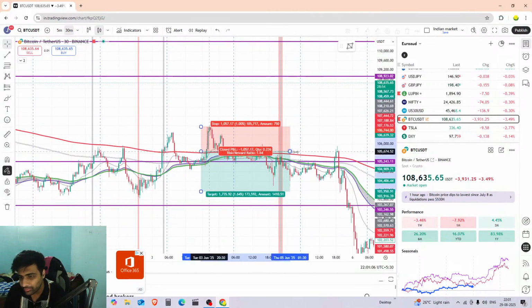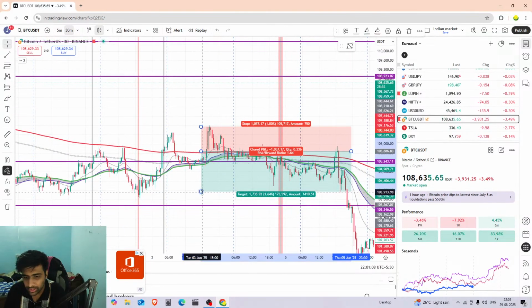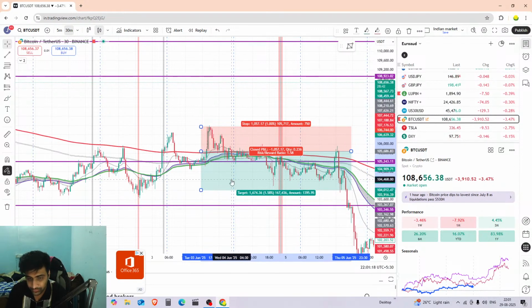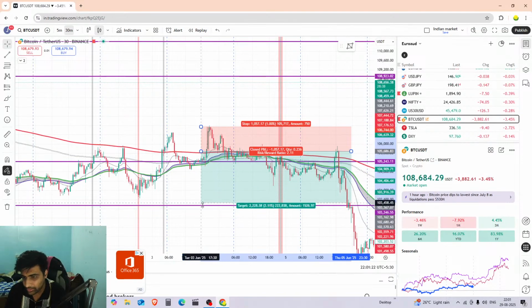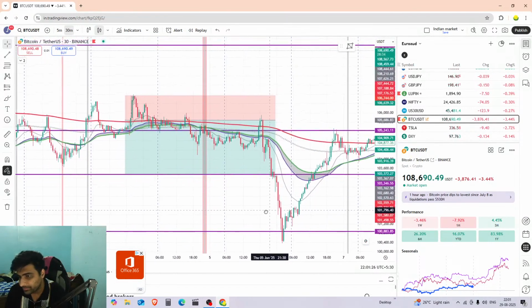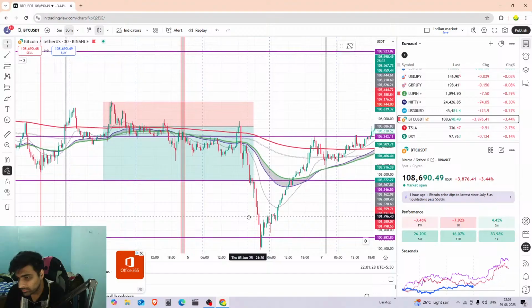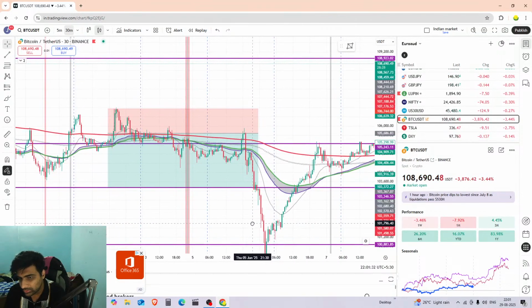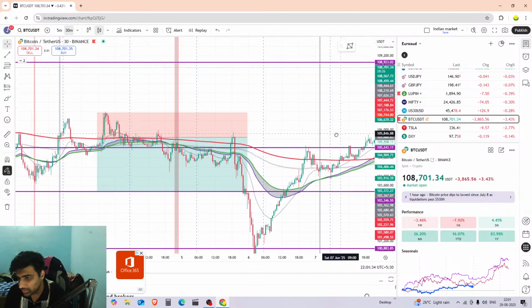Actually the trade was complete right here only, but as I said, we take a minimum of 1:5, so we took it. In fact, it gave us 1:2 as well. Okay.